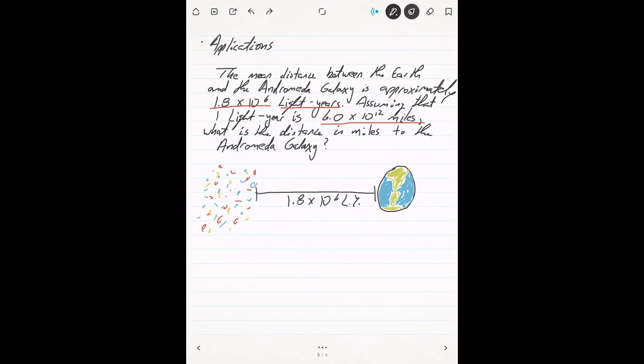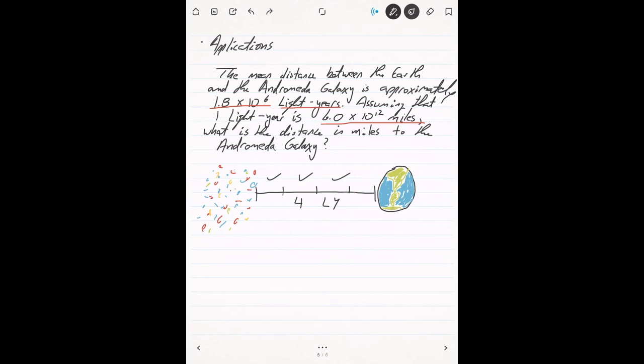Well, sometimes when working with scientific notation, I think it's helpful to reformat the problem, this time with regular, very simple whole numbers. Let's pretend the distance between Earth and the Andromeda Galaxy is only 4 light years. So I'm going to chunk up this distance into 4 relatively equal pieces. 1, 2, 3, 4.